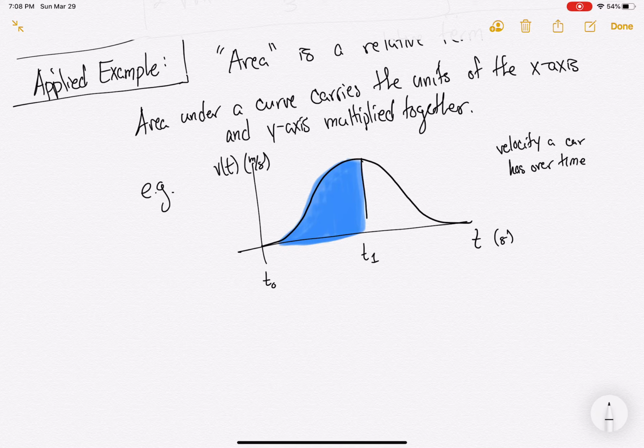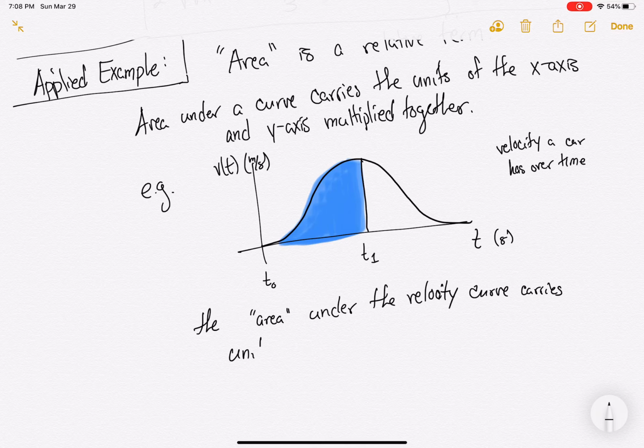Then the area under the velocity curve carries units of meters per second times seconds, and of course if you're per second and then multiplying by seconds, it carries units of meters.